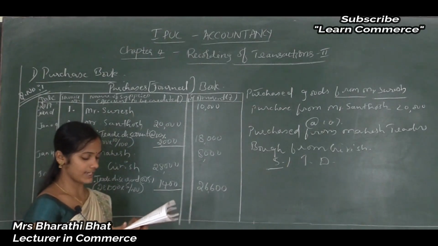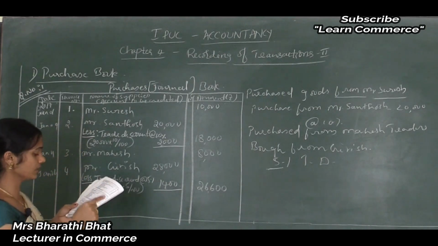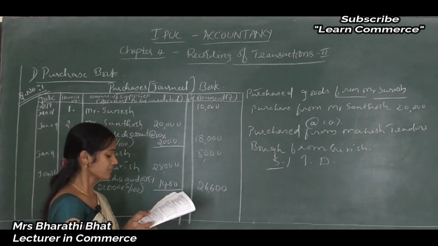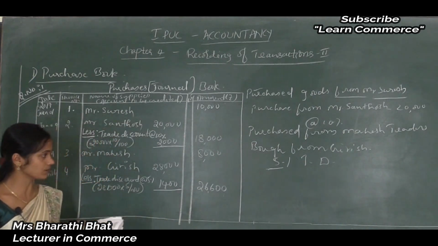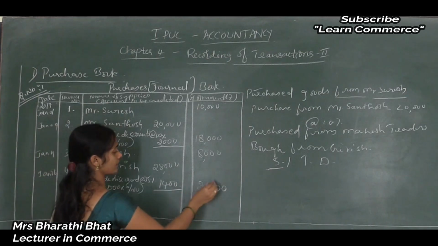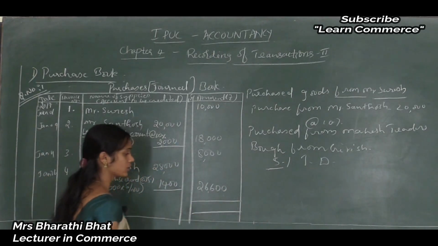First one, yes: 10,000, 20,000 less trade discount 8,000, then 15,000 comes under journal proper, not in this book, and purchase of 28,000, where we calculated trade discount and recorded the amount also. So the final step is totaling.